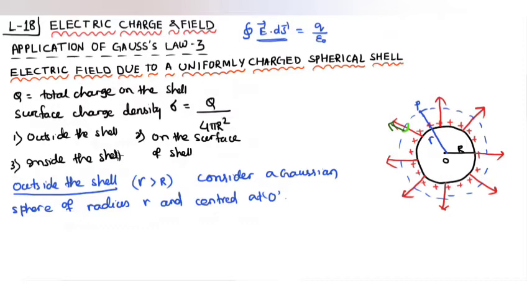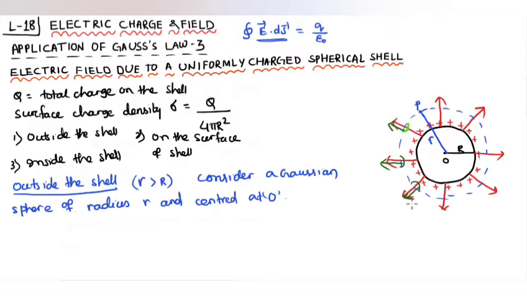So if you want to find the direction of each area element on this Gaussian sphere, you have to draw radially outward vectors like this. At this point, area vector will be in this direction. At this point, area vector will be in this direction. It means electric field is radially outward, and at the same time the area vector is also radially outward, because we have taken a spherical Gaussian surface.